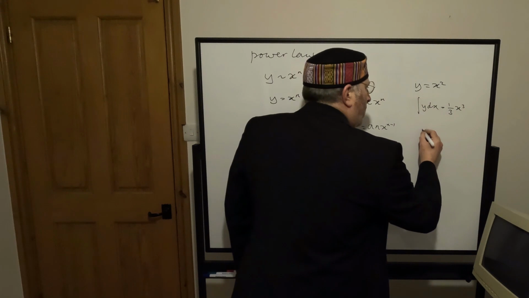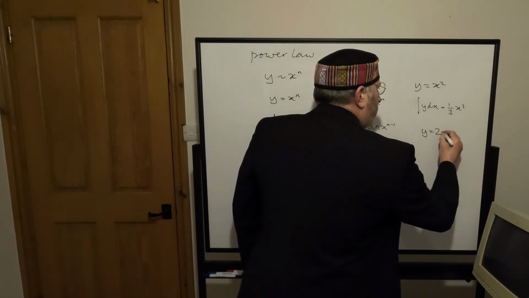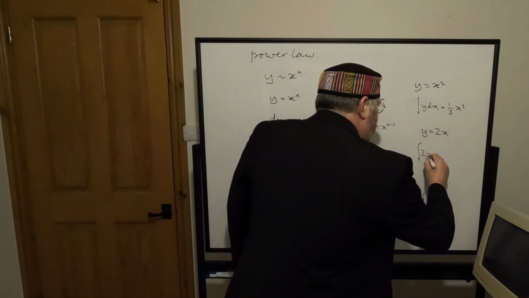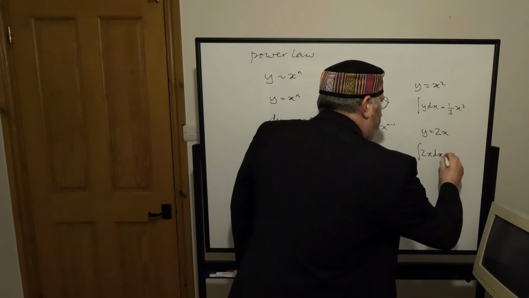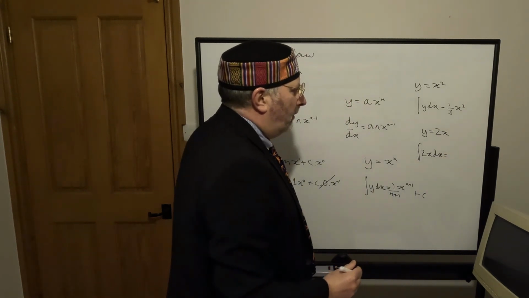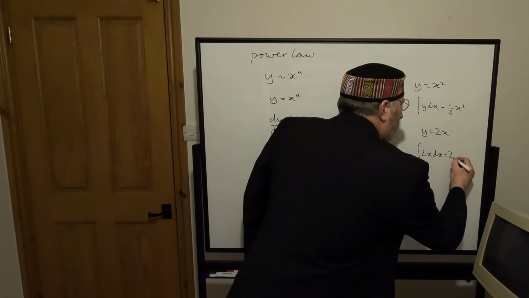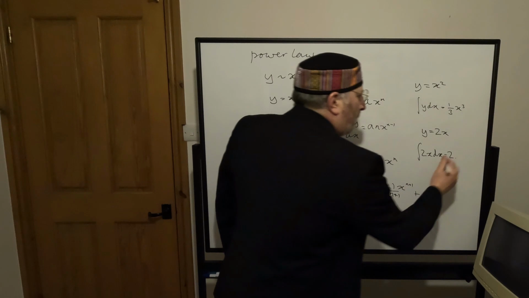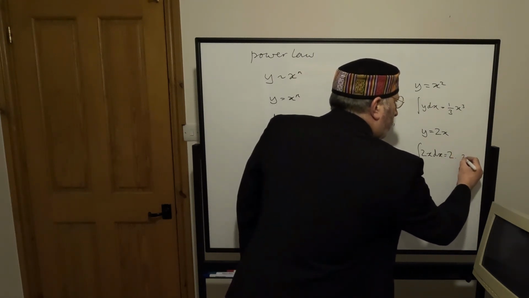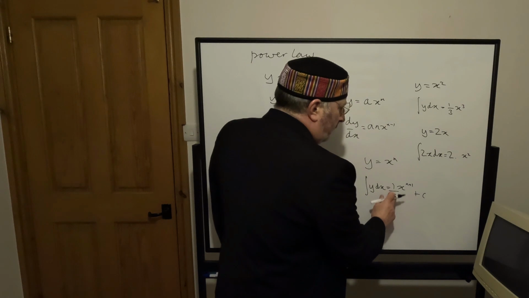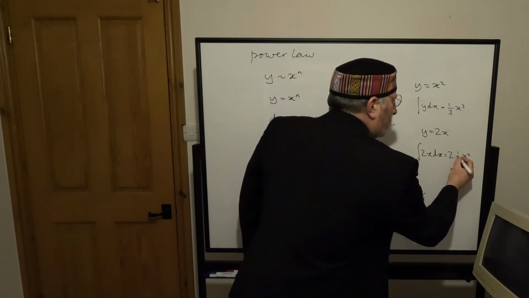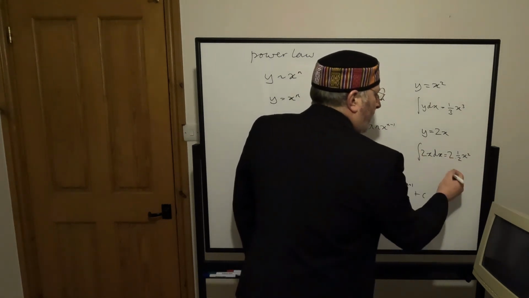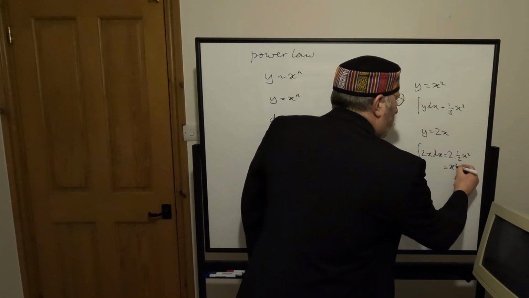And if y equals 2x, the integral of 2x dx is going to equal, well, it's 2 times x to the power of 1, so that will become an x squared, and it's also 1 over n plus 1 in front, so that's a 1 over 2 in front, so it's 2 times a half times x squared, which is just x squared.